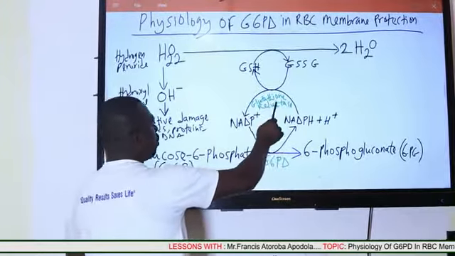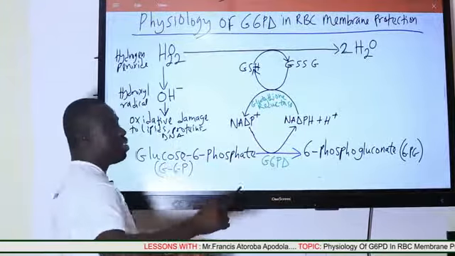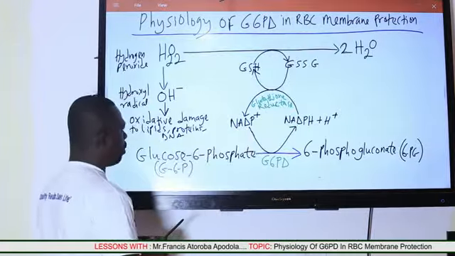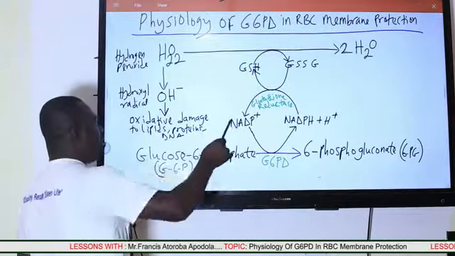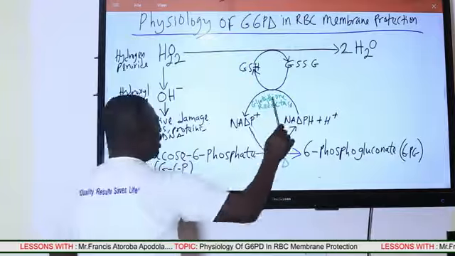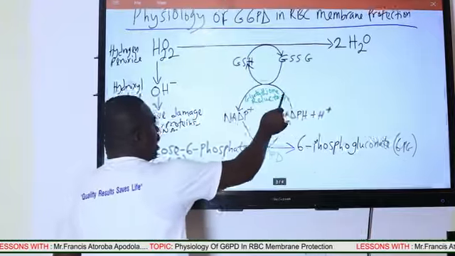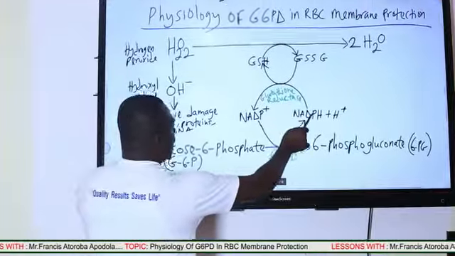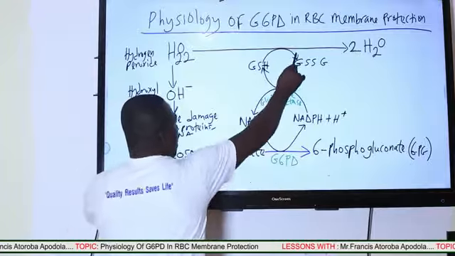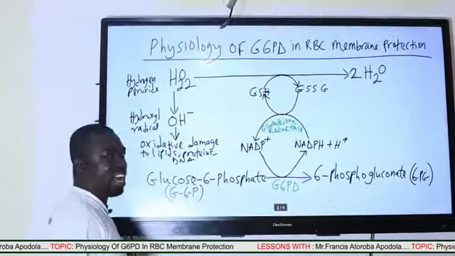So the glutathione reductase catalyzes the conversion of oxidized glutathione to reduced glutathione. So now that we form the reduced glutathione, this typically again is an oxidation reaction and a reduction reaction, another redox reaction.